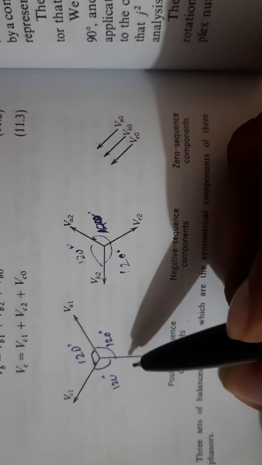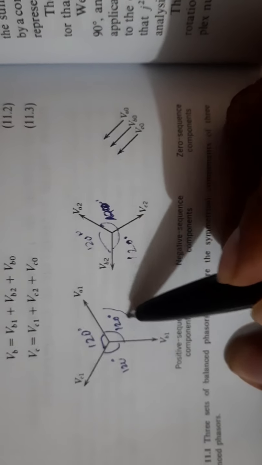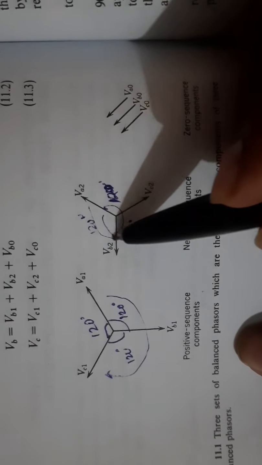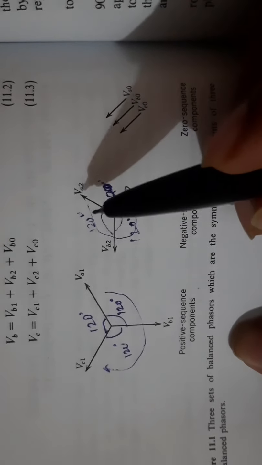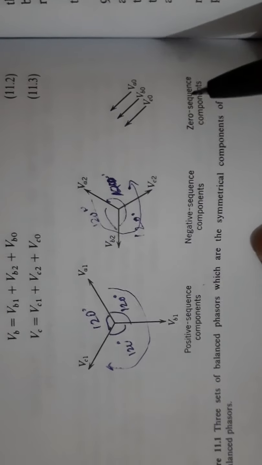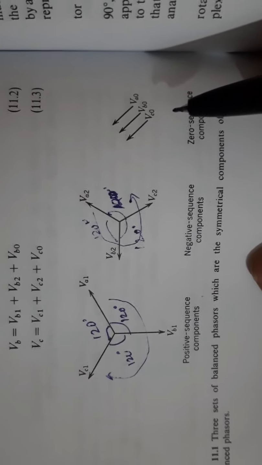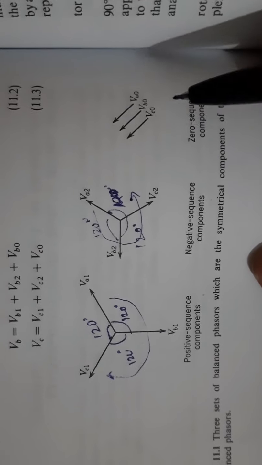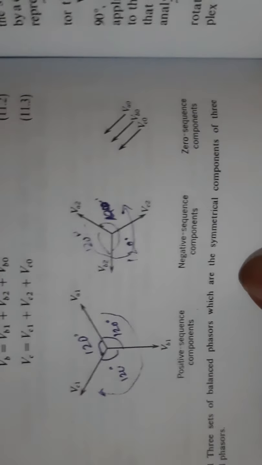The negative sequence is in the anti-clockwise direction. For the zero sequence, there is no magnitude displacement and no phase sequence.